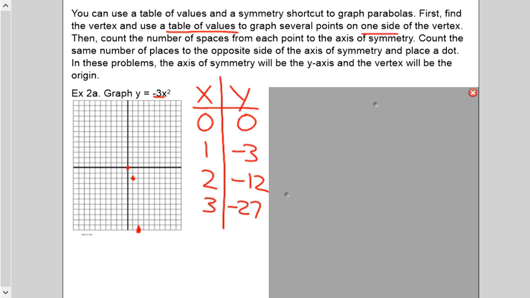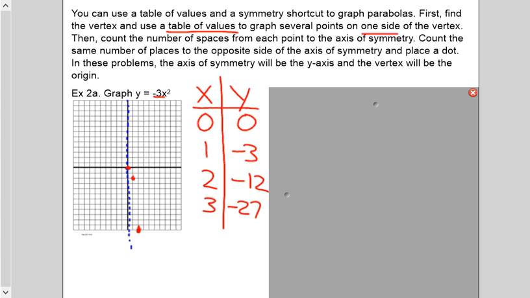The axis of symmetry in this problem is the y-axis. I'm going to make that blue. Goes right down the middle. Now, my first red dot was right there. That's my vertex. My next red dot is one place to the right of the axis of symmetry.